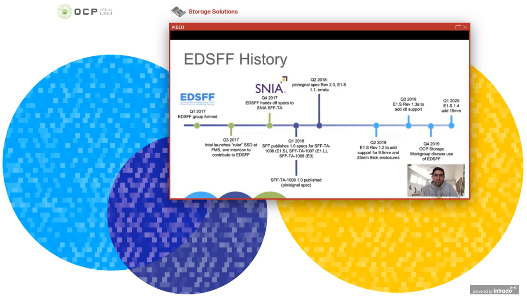So there really is no EDSFF working group per se anymore. The EDSFF specs and standards are maintained as part of the SNIA SFF work group. So in Q1 of 2018, the SFF work group actually published the 1.0 specs for E1.S, E1.L, and E3, which are SFF TA 1006, 1007, 1008, and then 1009 is the pinout spec and signal specification that combines and tells you how to build a PCIe SSD for all those different specs.